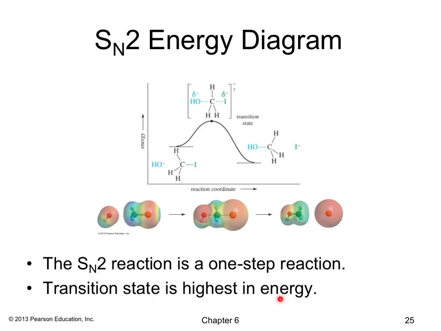And the transition state, of course, is the highest in energy. If you wanted to figure out what the activation energy is, that would be this right here. That's the activation energy. Sorry, my handwriting is not so pretty, but hopefully you get it. And then because the product is lower in energy, it's an exothermic reaction.